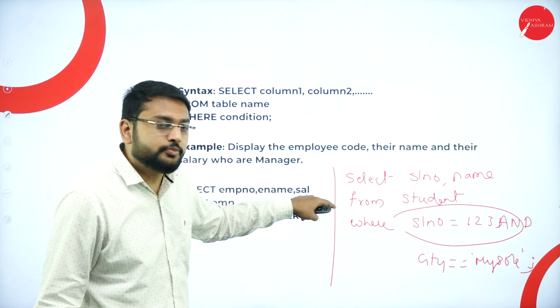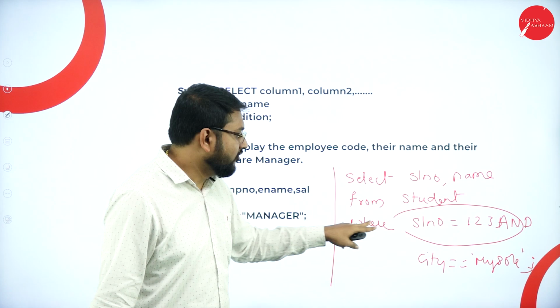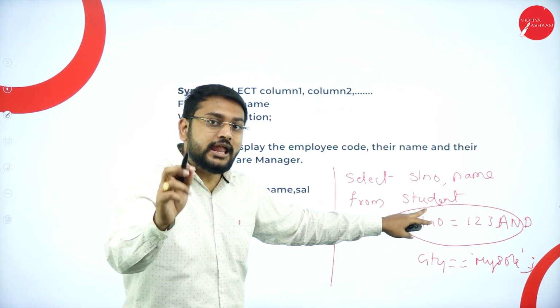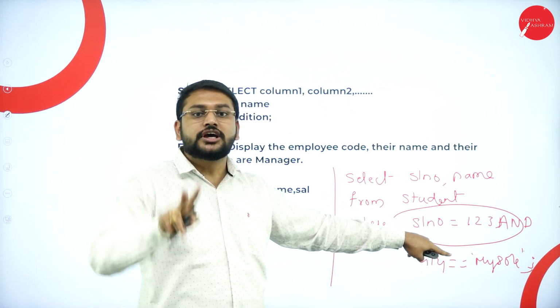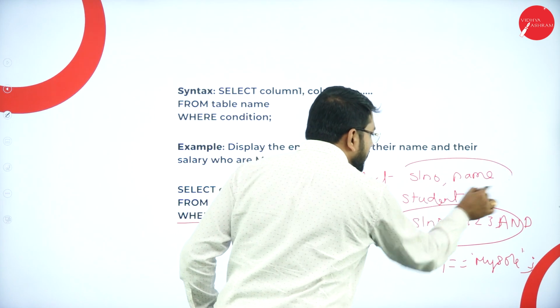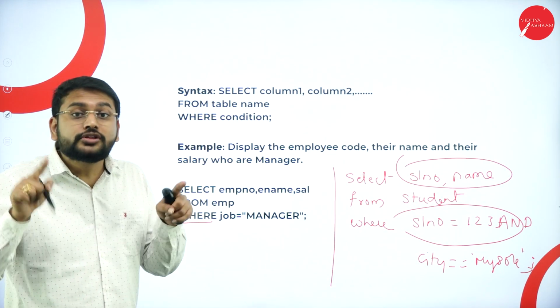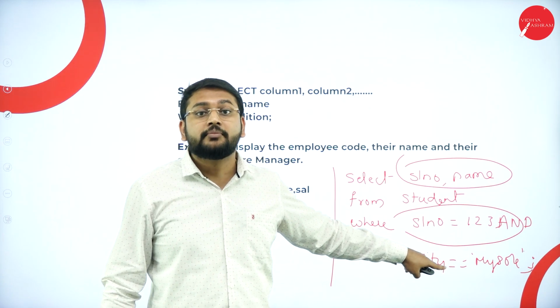Now I will read the statement for you. Select serial number and name from student where serial number is 123 and city of that student should be Mysore. If both the conditions are true, only then retrieve those details, serial number and name. Otherwise, don't retrieve. Both the conditions should match, serial number as well as city, when I'm giving AND.